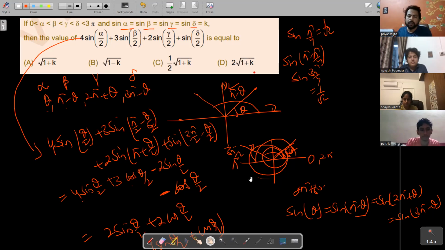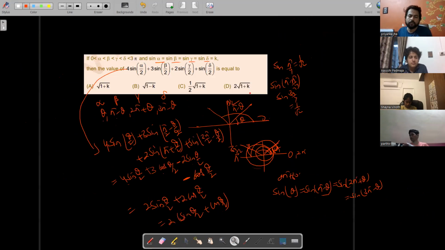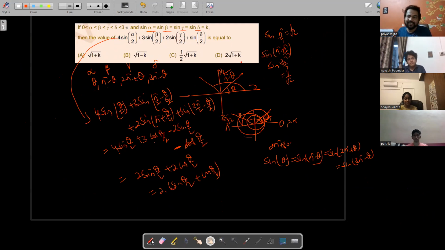Okay, now see here. You have this expression, and you can write this as 2 into the square root of sine theta by 2 plus cos theta by 2 whole square, right?